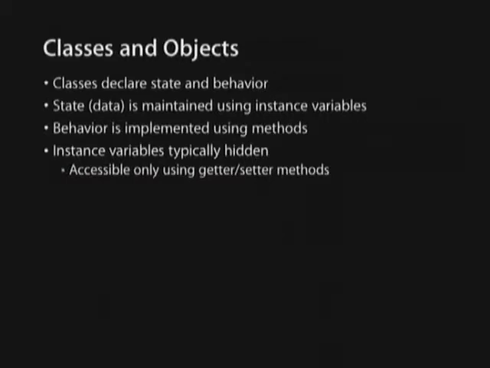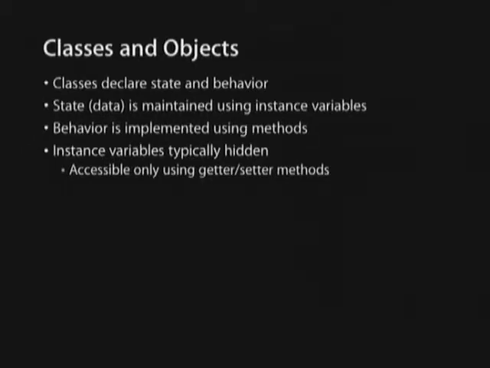All right, classes and objects. So classes declare state and behavior. This is instance variables and methods. State is maintained by the instance variables. Every instance has its own storage. And the instance variables are typically hidden.